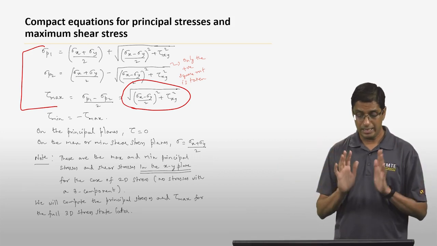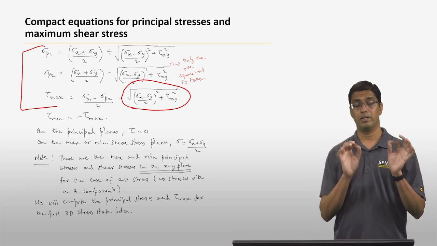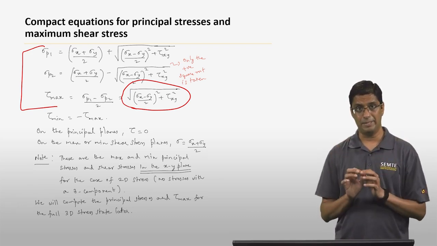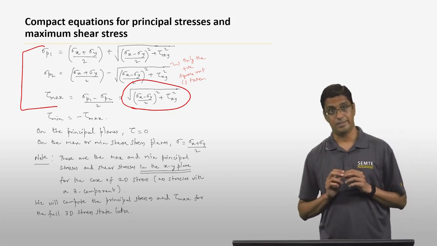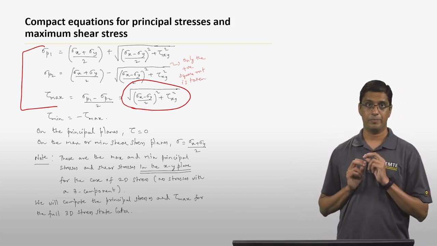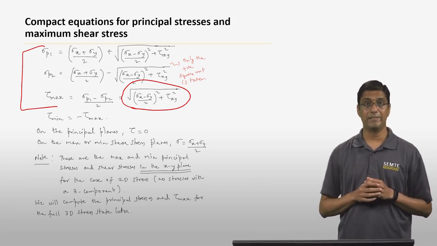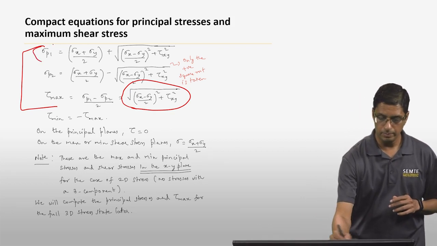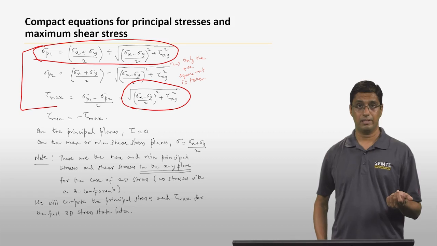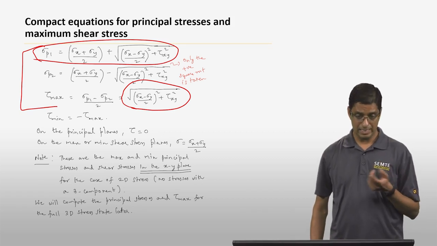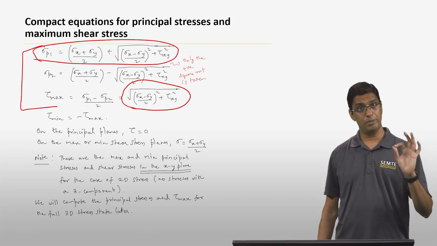Okay? And even in this case, the sigma P1 and P2 are again maximum and minimum principal stresses in the plane. Okay? So one thing that you can obviously see is that because it is a 2D stress state, sigma P3 is 0. Now, sigma P1 can be negative. So if you look at the equation here, if sigma x is negative, sigma y is negative, and tau xy is reasonably small, then sigma P1 will be negative, and sigma P3 we know is 0.